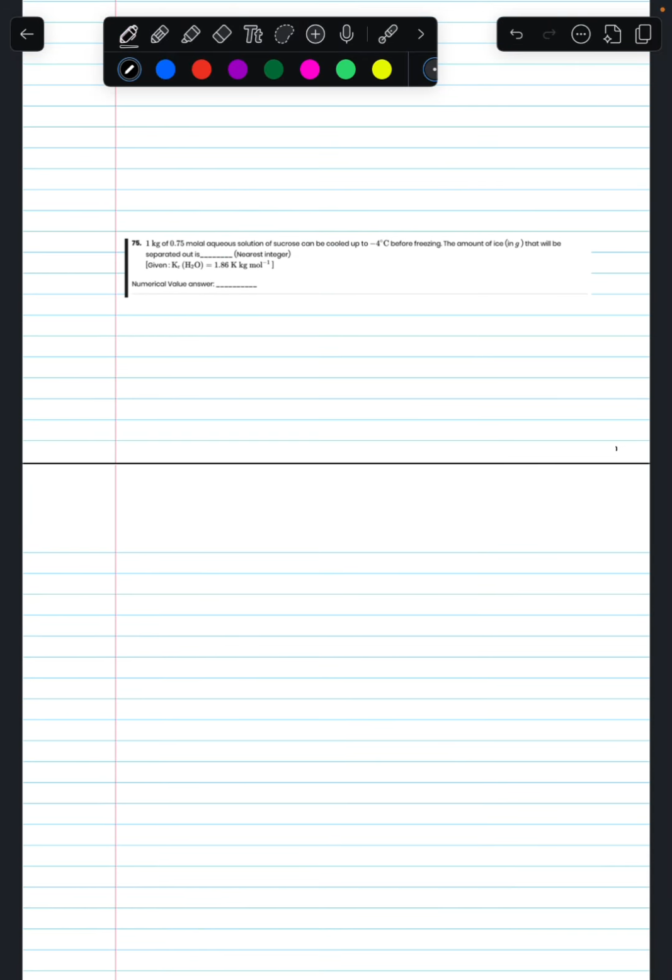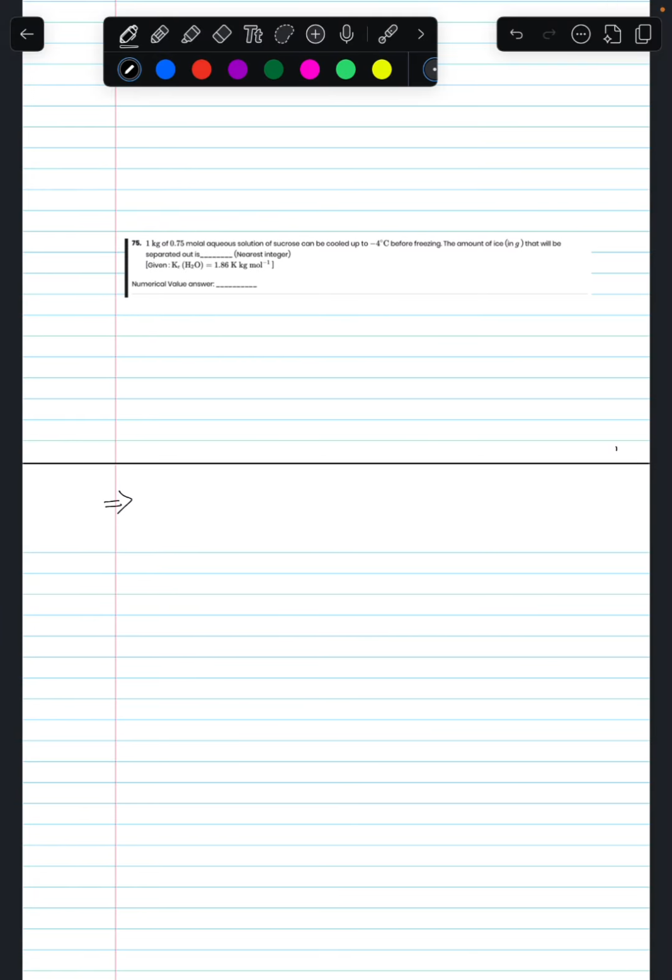Next is question number 75. 1 kg of 0.75 molar aqueous solution of sucrose is cooled to minus 4 degrees Celsius before freezing. The amount of ice that will separate out is?